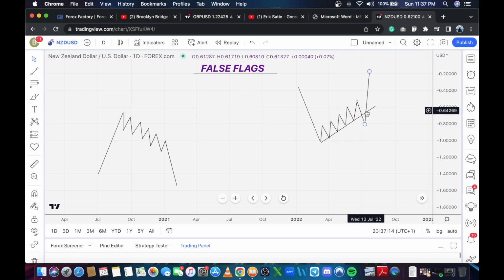And what they teach is your take profit should be the measurement of the origin of the initial impulse leg to the terminus, and that's your ABCD range projection. That's what the classic textbook teaches.